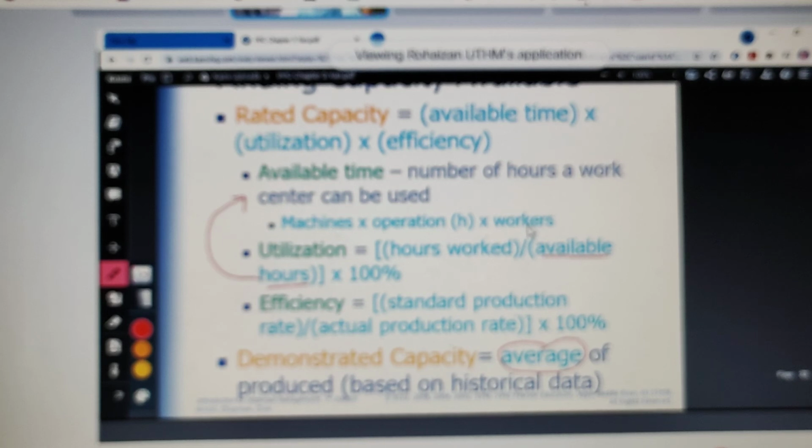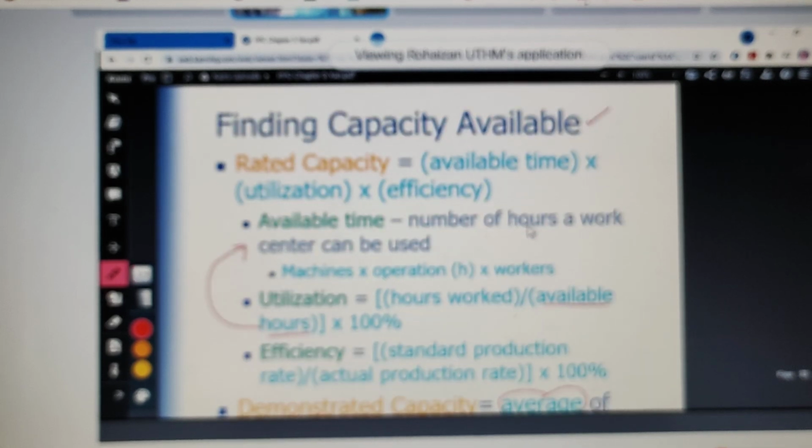Let's say we have a week, we add up all the weeks' produced product, and then determine the average. That is why rated capacity is much more popular than demonstrated capacity. But we still have these two types to find the capacity available.